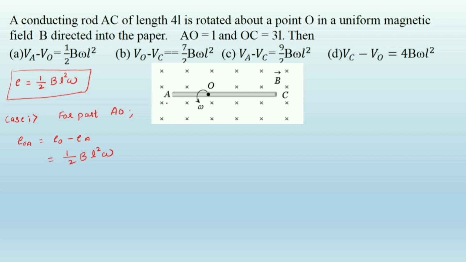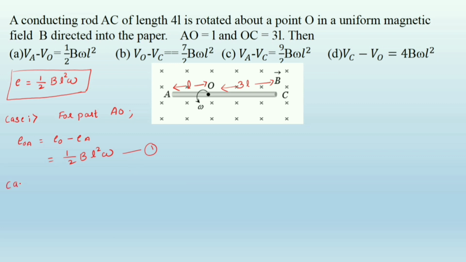B, the magnetic field, is constant, it is rotating with angular velocity omega, and it has length L. It is given AO length is L and OC length is 3L. In the first case, we got the value half B L square omega.